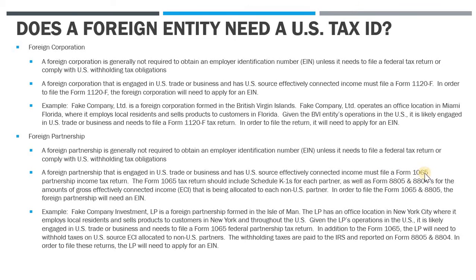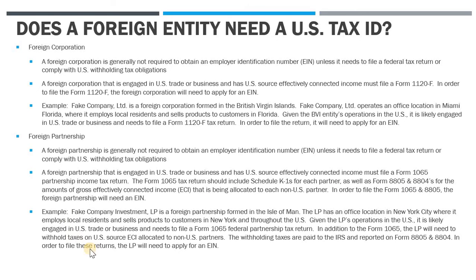And those are the forms where you report the allocation of ECI to non-U.S. partners. And again, the same principle applies. In order to file all of this, you're going to need an EIN. So the foreign partnership has to get an EIN to file the 1065. It needs an EIN to file 8805s and 8804s and withhold tax and pay that to the IRS.